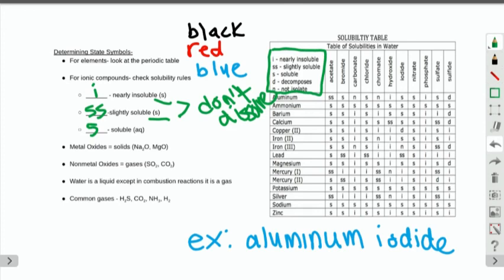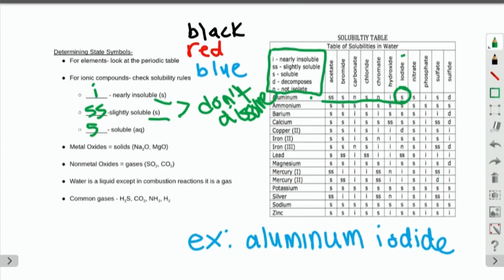So for an example, if you look at the example I wrote, aluminum iodide, to figure out whether something is a solid or aqueous from this solubility table, you will find aluminum and you will find iodide. You will meet the two together and look to see what symbol is in aluminum iodide.